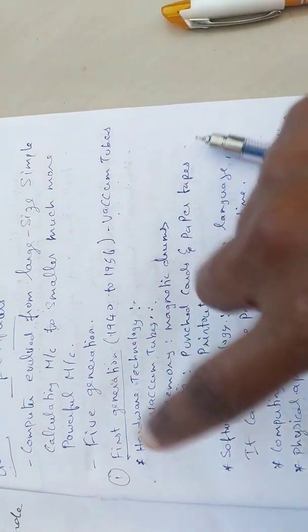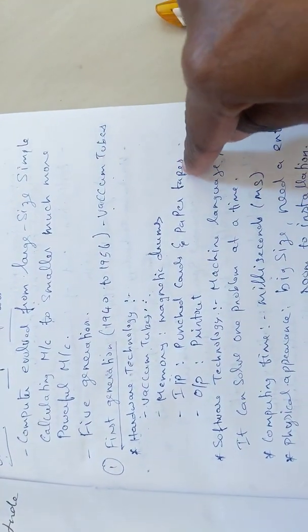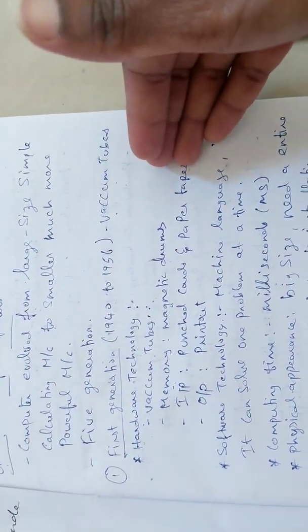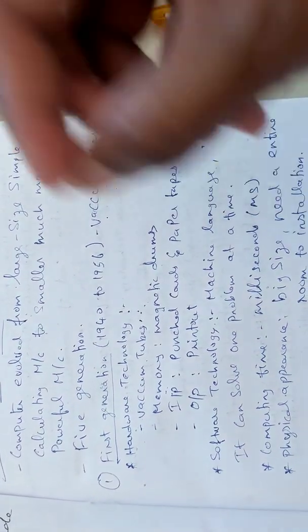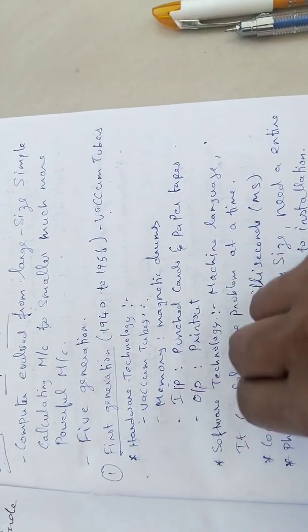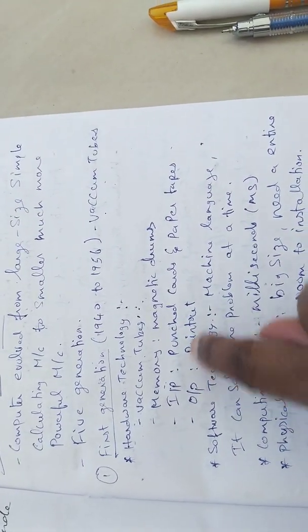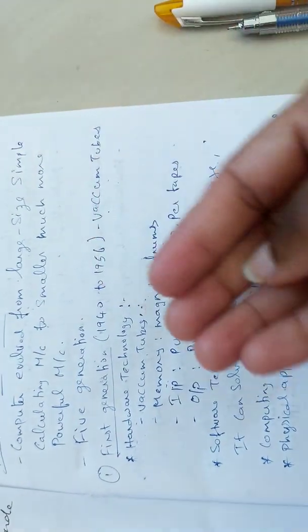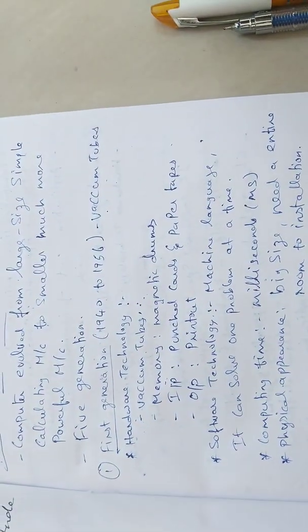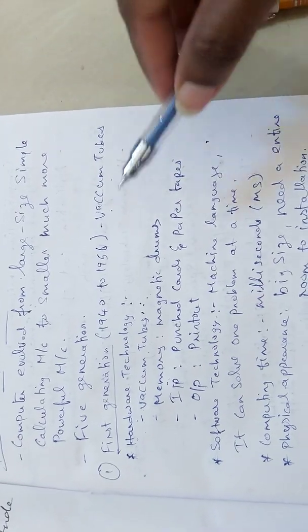A paper where they punch the instructions they wanted, and then insert it. Giving an input itself was a very tedious job. They should understand those things and punch the instructions into a card, and insert that into the system to process it. Also paper tapes.